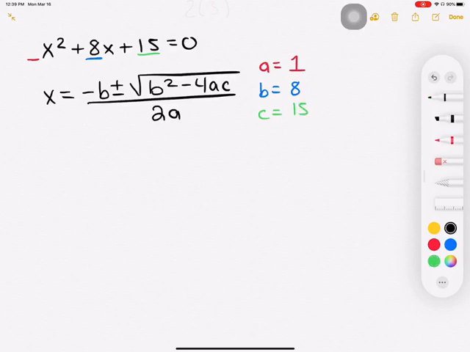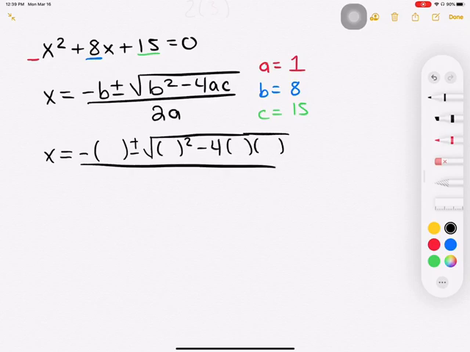The next thing that I'm going to do is I'm going to rewrite my quadratic formula, but instead of writing the letters, I'm going to replace those with a parenthesis. That's minus b plus minus the square root of b squared minus 4 times a times c, all divided by 2 times a. Now I'm going to substitute my values for the variables. So we see that the first variables are going to be b's.